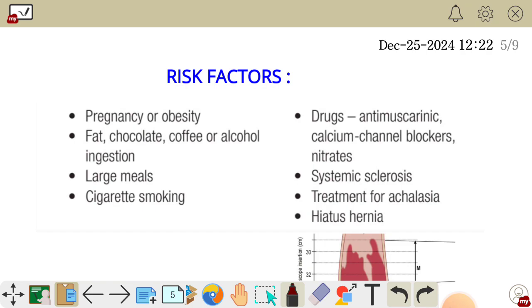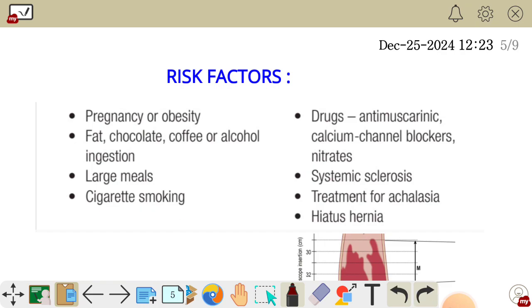Then apart from that, we have fat, chocolate, coffee, or alcohol ingestion as risk factors. Then large meals, which will extend the stomach and increase the pressure inside, so contents can easily rise up into the esophagus. Then we have cigarette smoking.